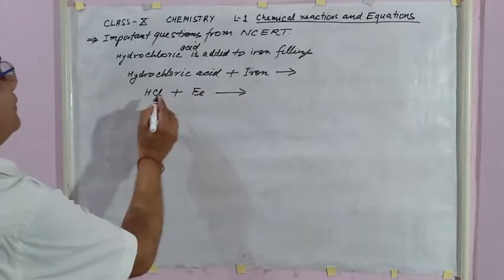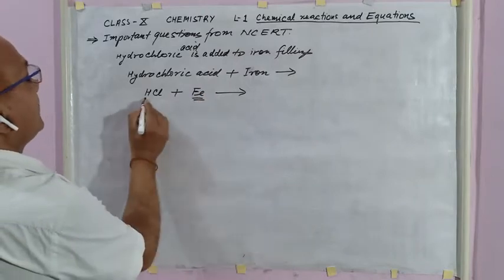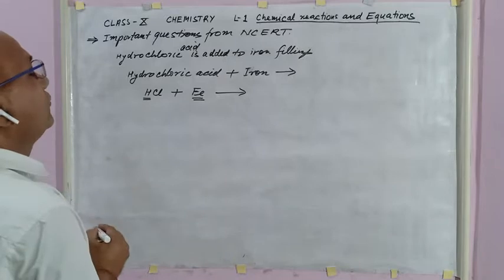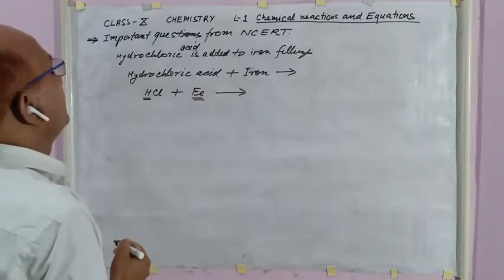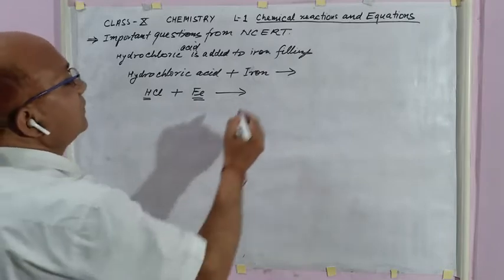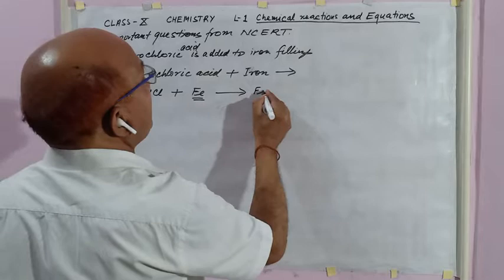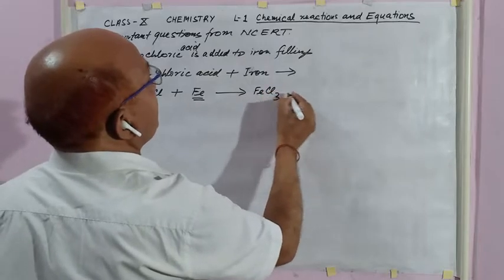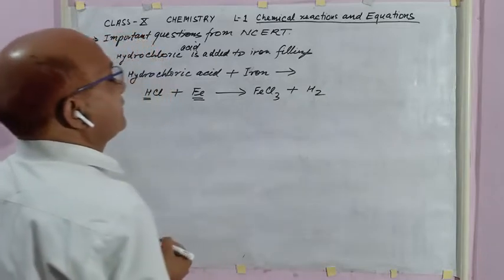As we know, iron is more reactive than hydrogen, so it will displace hydrogen from the acid. So it will form FeCl3 plus hydrogen gas.